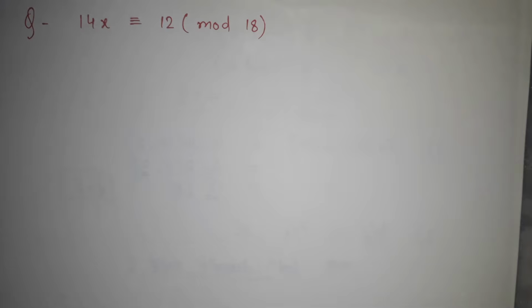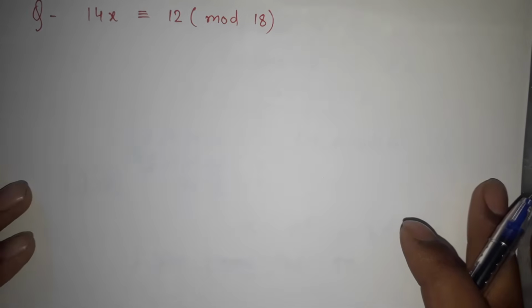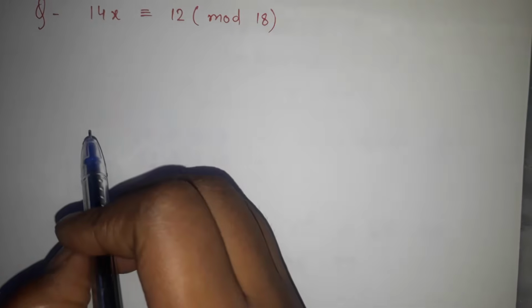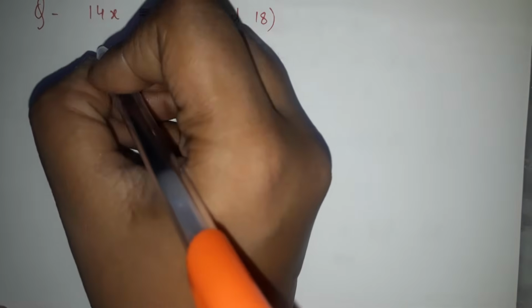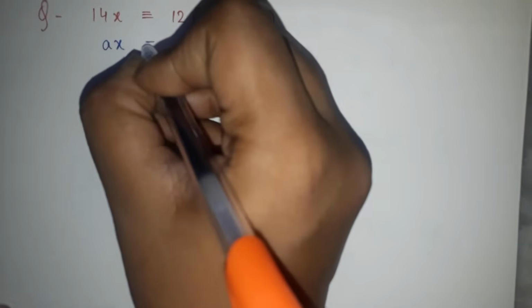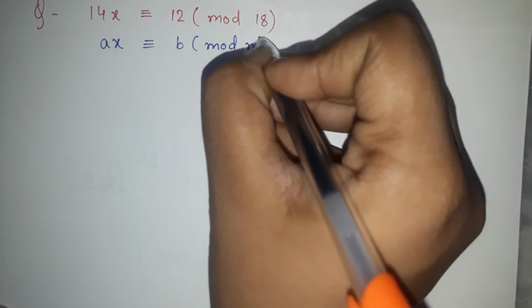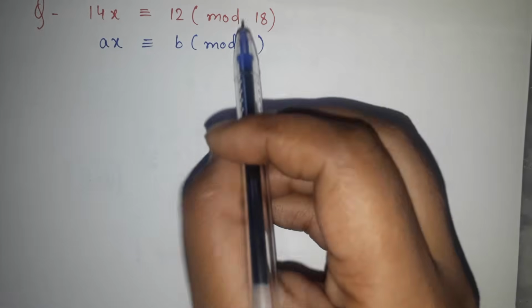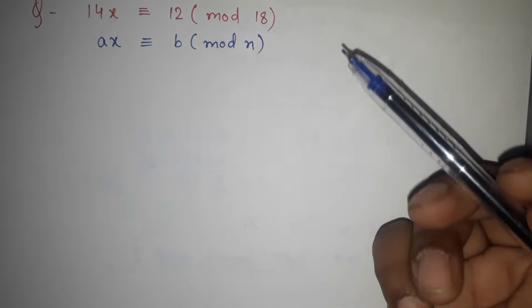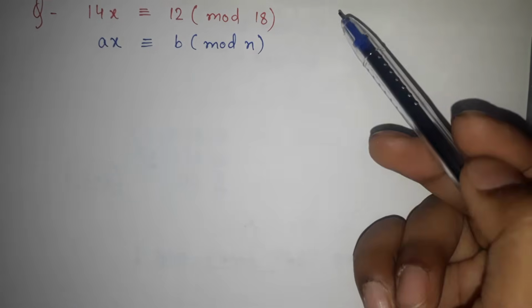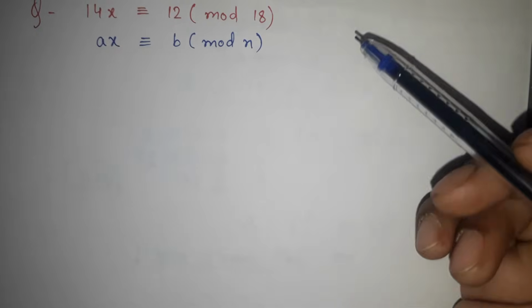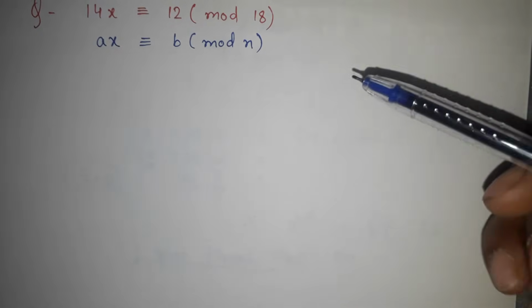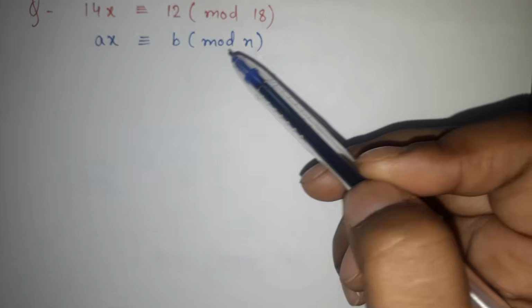The general format of the linear congruence equation is ax is congruent to b mod n. I am assuming that you have seen that video first, so you will already have all the steps, and here we will follow them one by one.